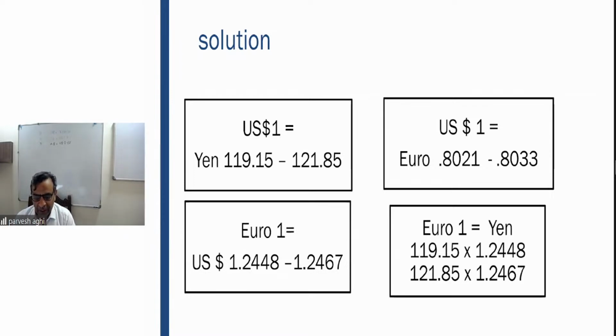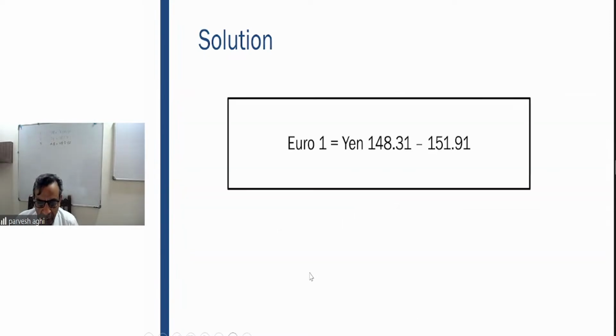So now we can just multiply and calculate. So 119.15 multiplied by 1.2448, and then 121.85 multiplied by 1.2467. So you get the quotes: 1 euro will be equal to so many yen. Now bid is always lower than the ask.